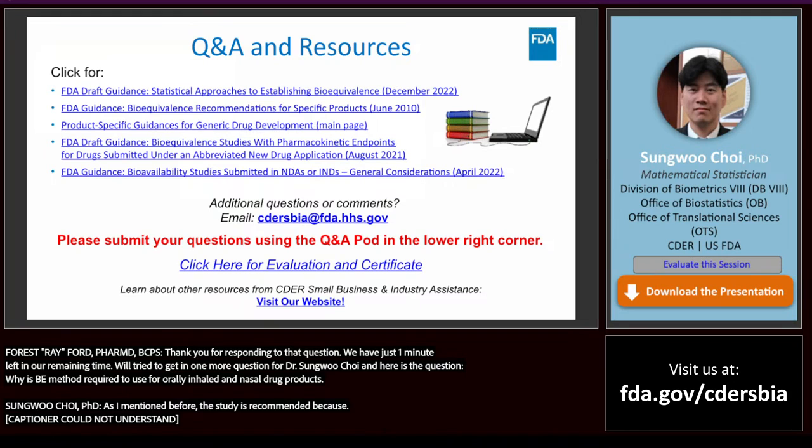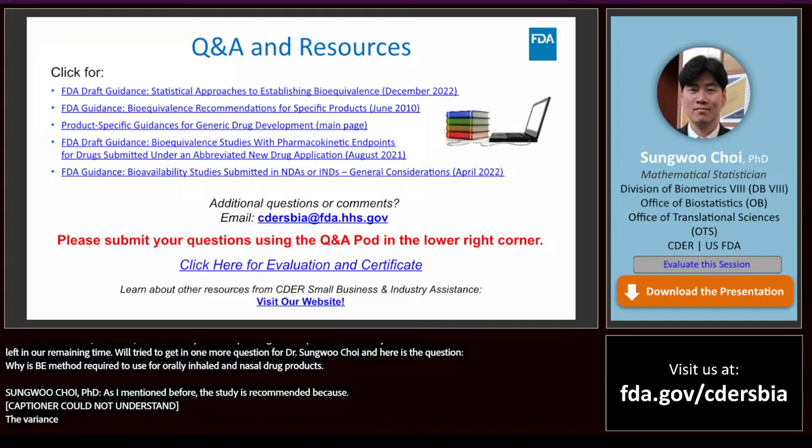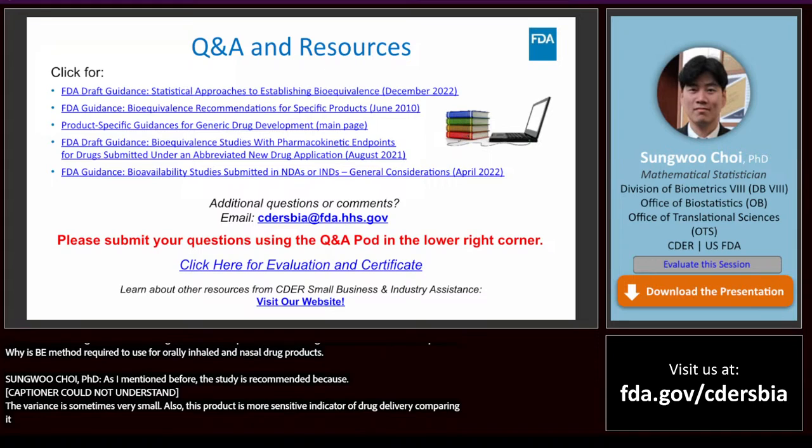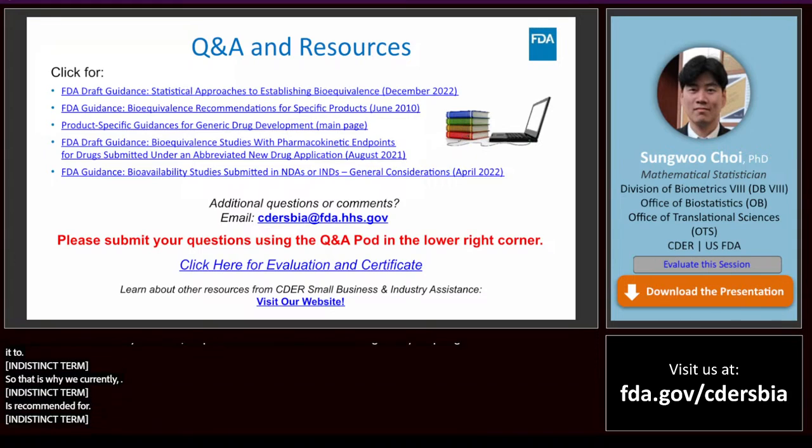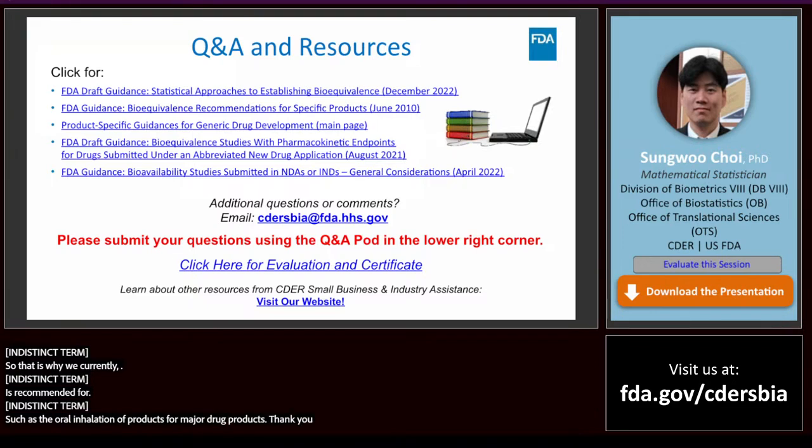In other words, the variance is sometimes really very small, and also these products are more sensitive indicators of drug delivery than in vivo bioequivalence studies. So that's why population bioequivalence is currently recommended for in vitro bioequivalence studies, such as for oral inhalation drug products or nasal drug products. Thank you.